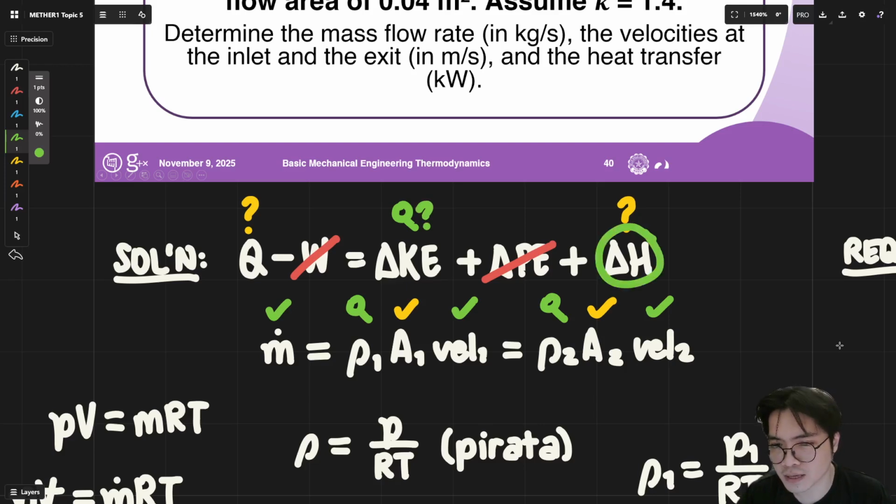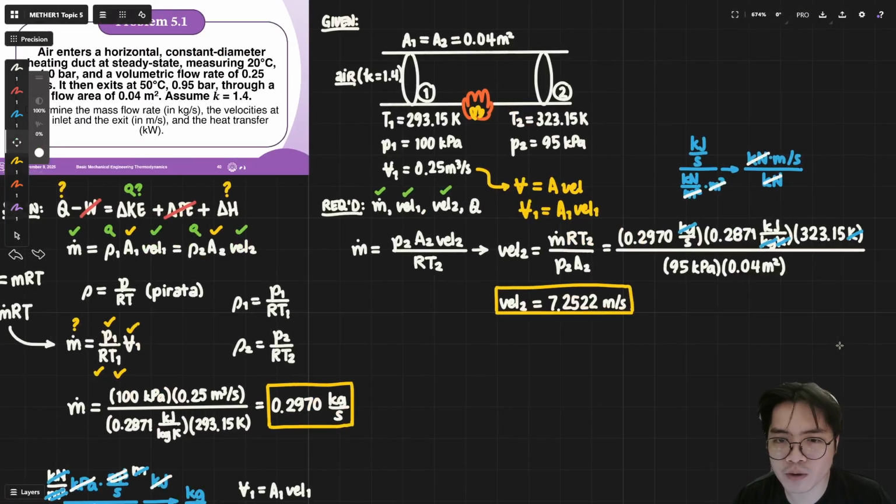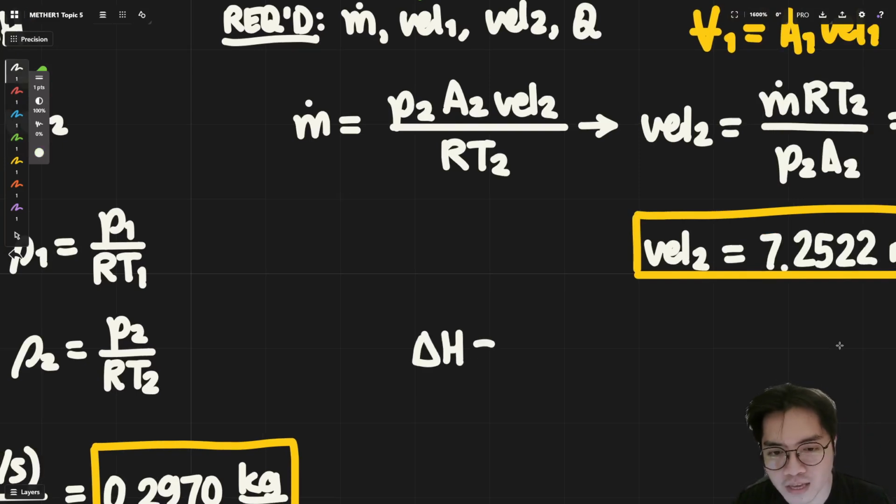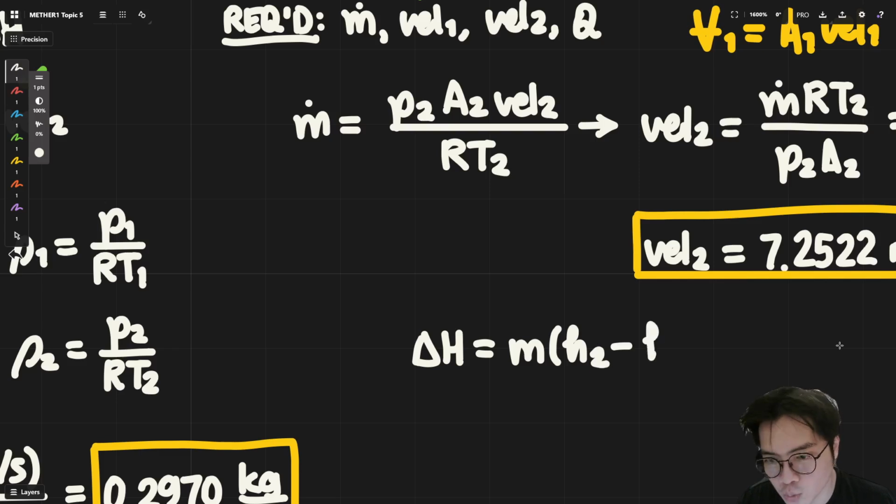What about enthalpy? We still don't know enthalpy, but if you have yet to understand where we're supposed to get this, you are working with air. And with air, it's an ideal gas, and a lot of things are simplified with an ideal gas. Usually, your delta H is just going to be equal to m times H2 minus H1.